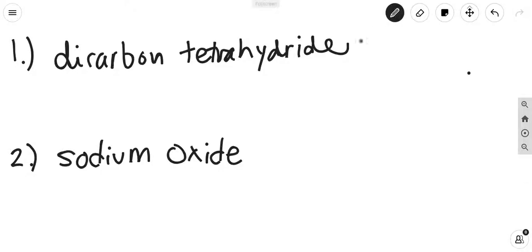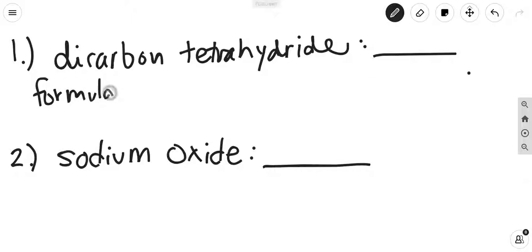All right, so maybe after it, tell me, is it ionic or covalent? You can just abbreviate I or C, that's fine with me. And then in the space below, see if you can write the formula. So I want you to pause and copy this down, say whether it's ionic or covalent, and then write the formula. When you're done with that, unpause it, and we'll go through it.